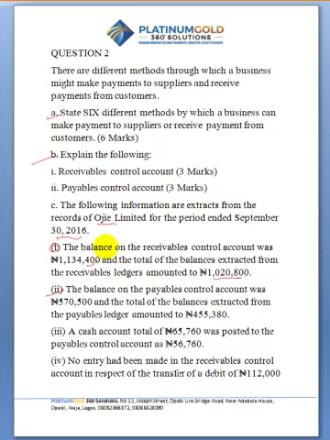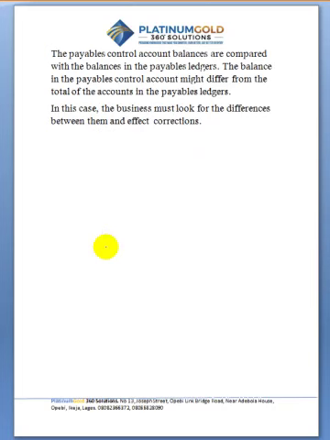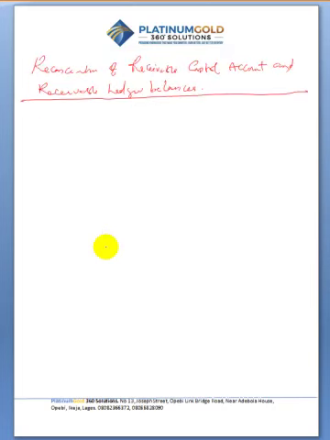Let me put down this balance of 1,020,800. I can put it down under the reconciliation for this. This will be the receivable ledger balance, debit, 1,020,800. Okay, that is taken care of.